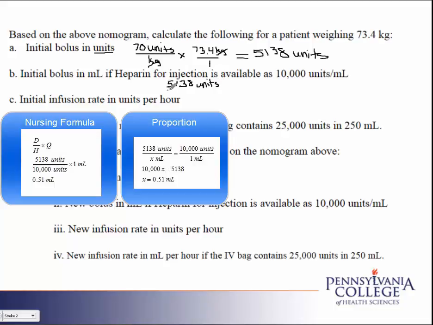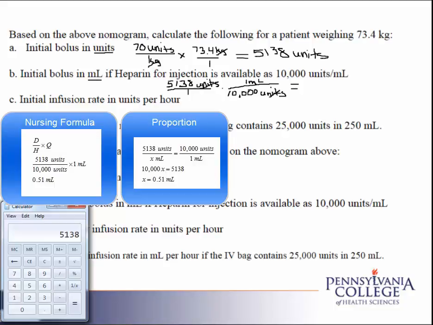So we want to give our patient 5,000 units as a one-time dose because a bolus is given as an injection. Available to us are 10,000 units in 1 milliliter. Again, our units will cancel so that we have an answer in milliliters, which is what we were asked to calculate, the bolus in milliliters.